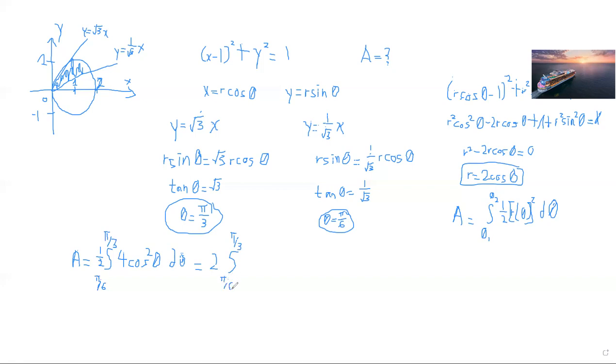Cos squared theta is 1 plus cos of 2 theta, divided by 2, d theta.